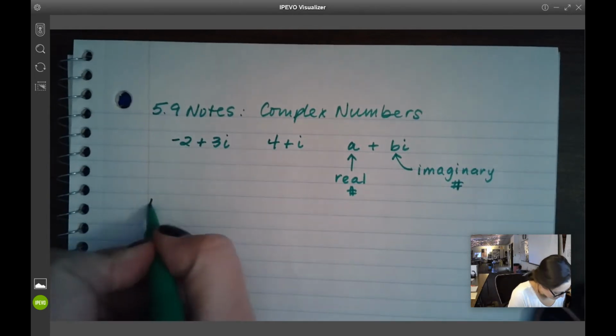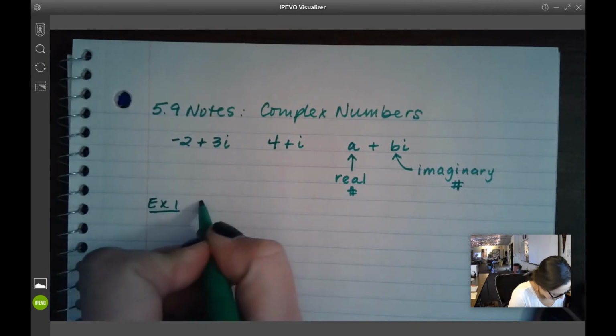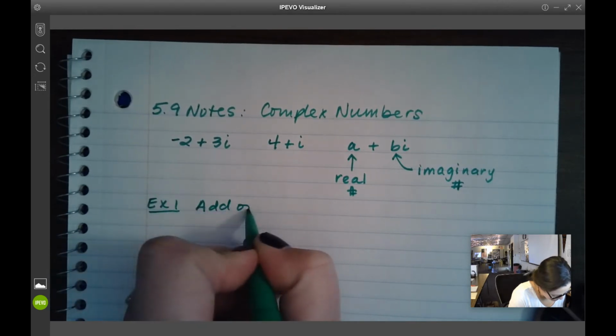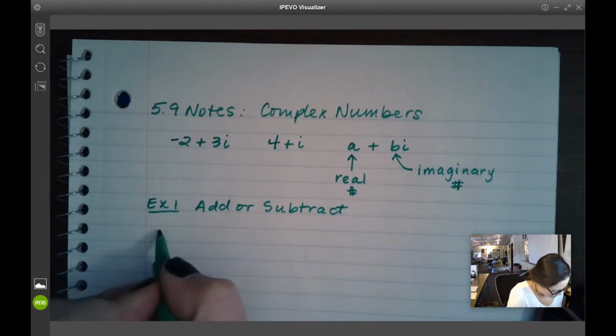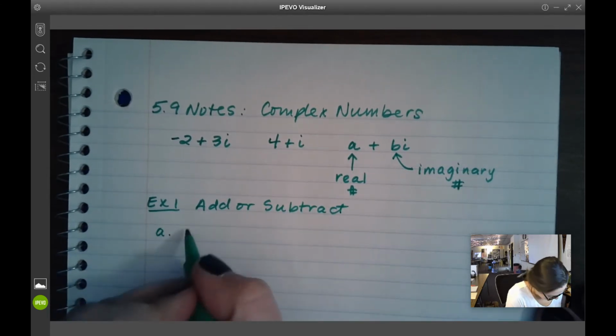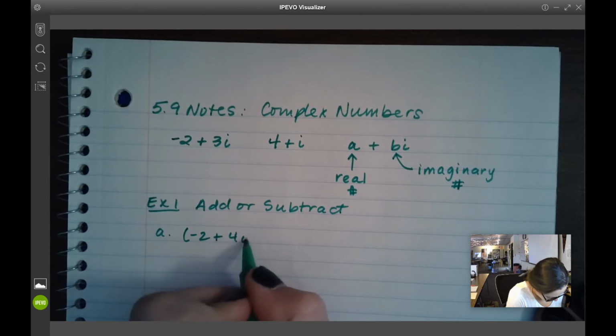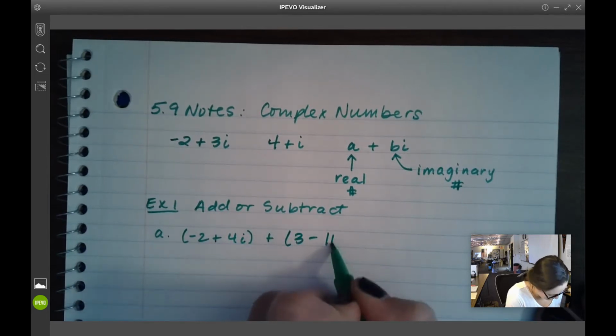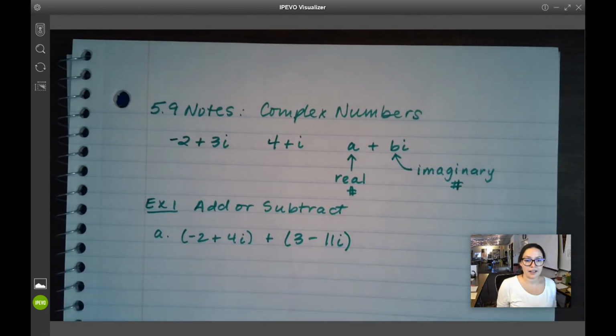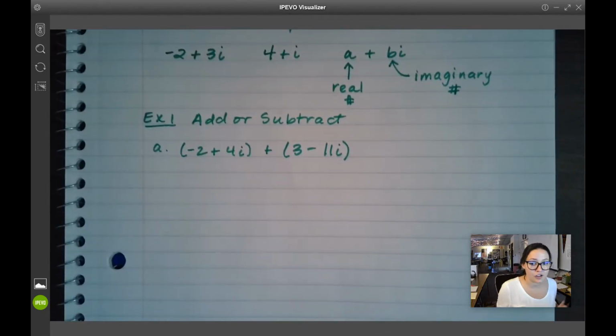So, example 1, add or subtract. -2 plus 4i plus 3 minus 11i. And literally, this is just like combining like terms.